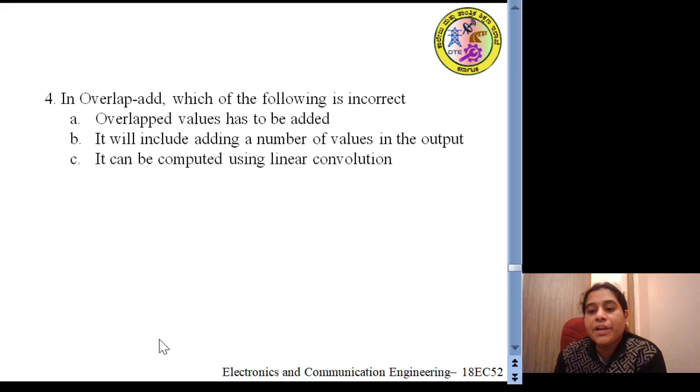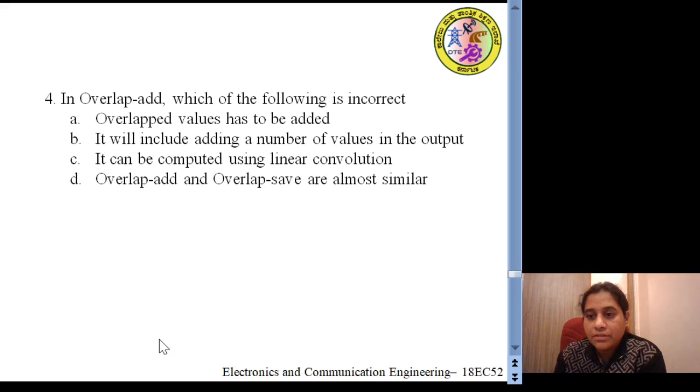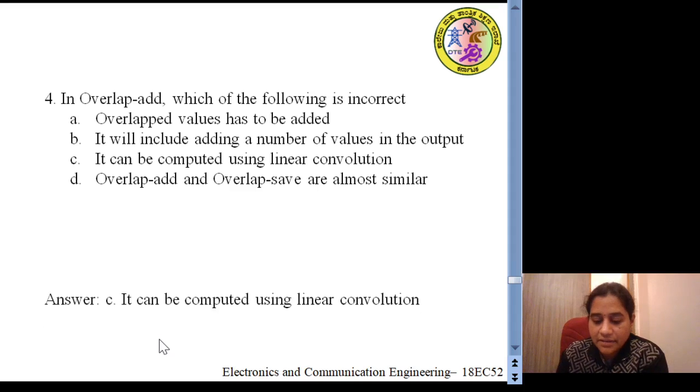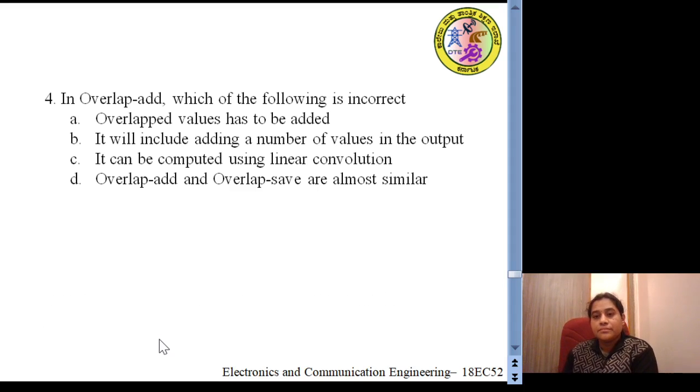It can be computed using linear convolution. Overlap add and overlap save are almost similar. What is the answer?